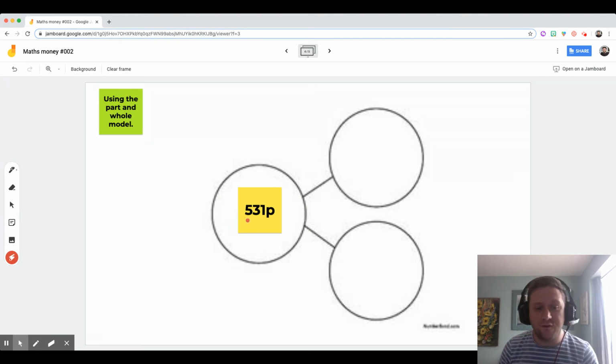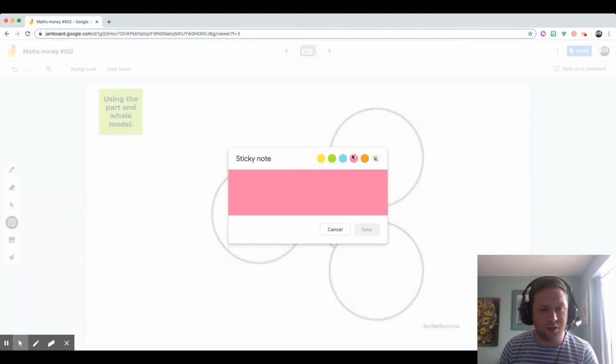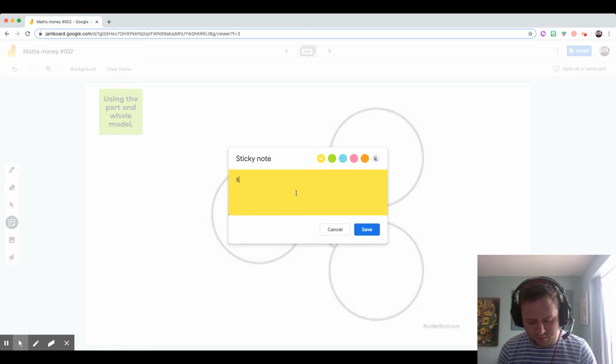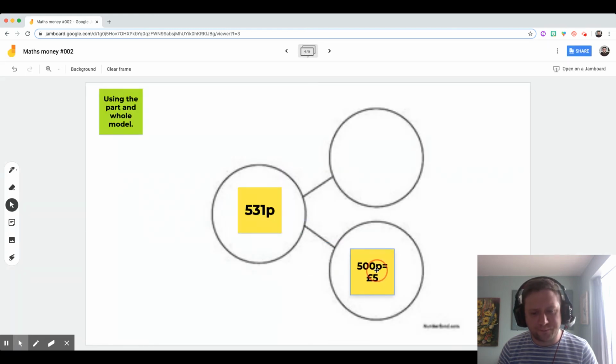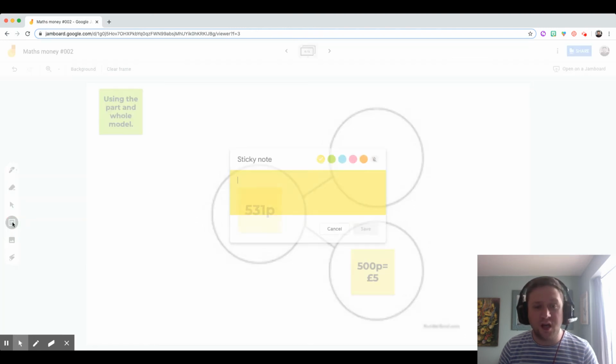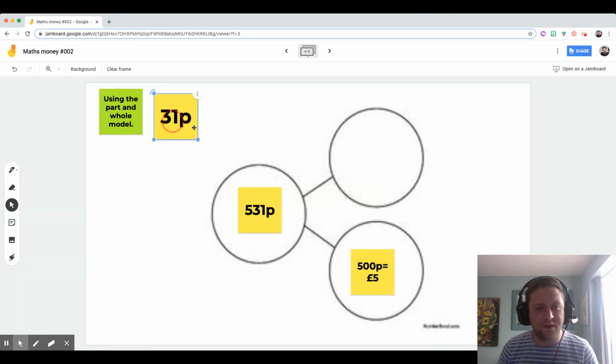So I know there's 500p, so I know there's going to be 5 whole pounds that I can partition out. So 500 pence is the same as £5. So I can take that £5 out there, and without the 500p, there's 31p left. I don't need to partition that because I can't take any whole pounds out of it.